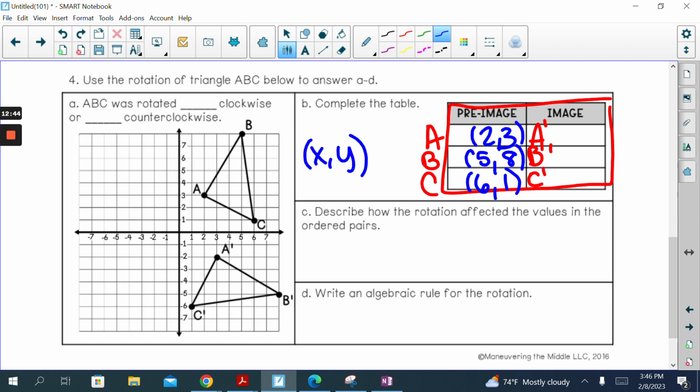So our image, being where it has moved to, A is 3 to the right and 2 down. So you should have had 3, negative 2.